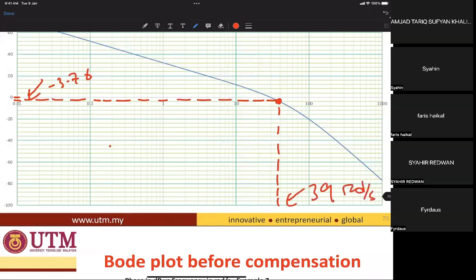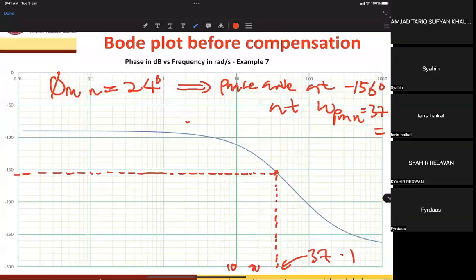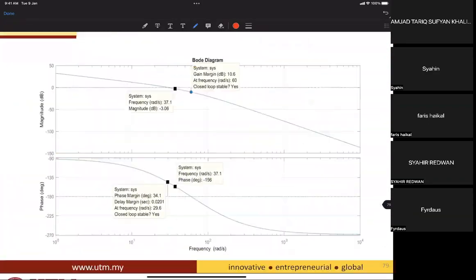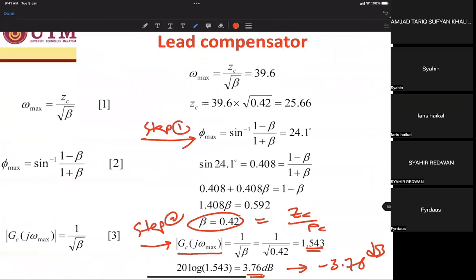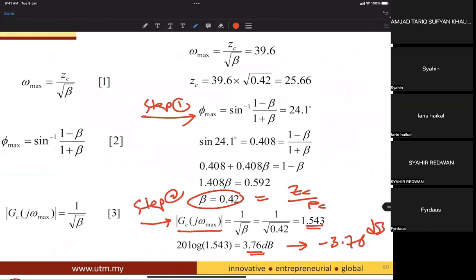More or less 39 radian per second. So it is at 39 radian per second, which is the omega max, and it goes to here.